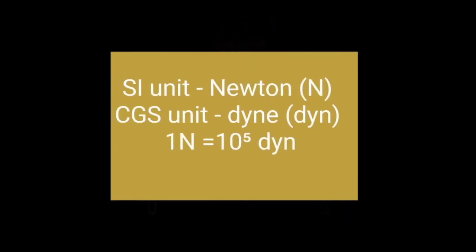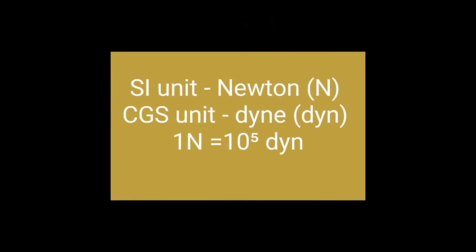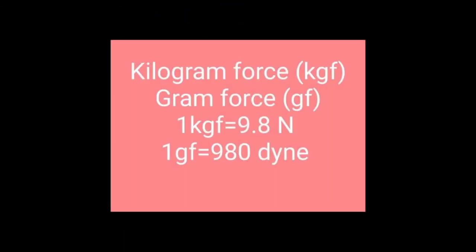The SI unit of weight is Newton, and in CGS it is dyne, and 1 Newton is equal to 10 to the power 5 dyne. The weight is also measured in kilogram force and gram force. This 1 kilogram force is the weight of an object of mass 1 kilogram. Similarly, 1 gram force is the weight of an object of mass 1 gram.